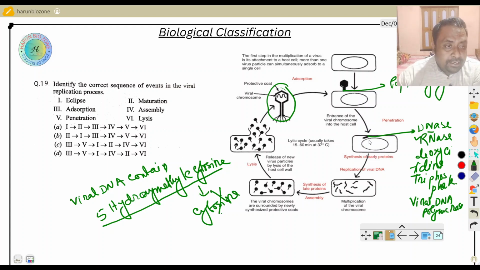Then the viral DNA starts to replicate by viral DNA polymerase. The viral DNA replicates and produces a huge number of chromosomes.